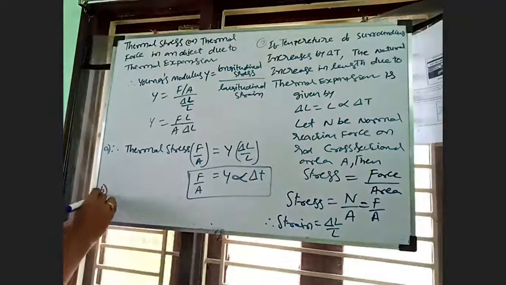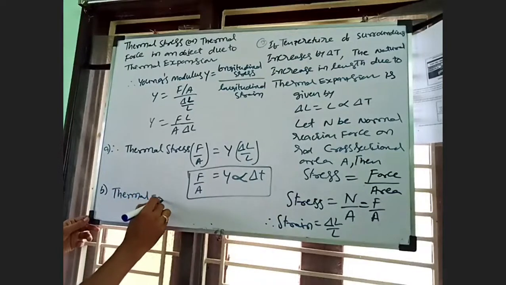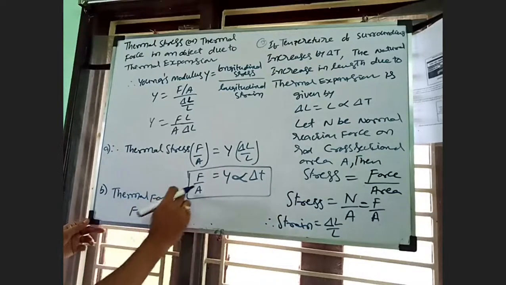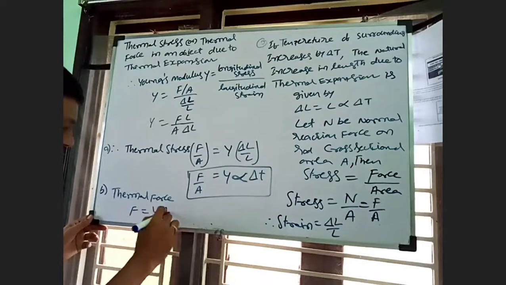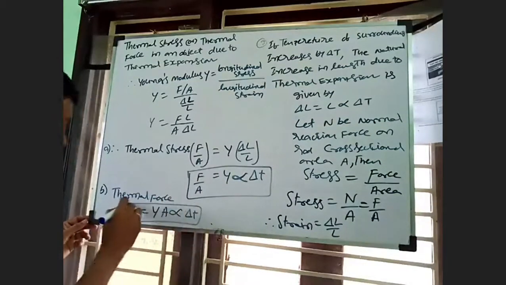Next one is thermal force. F is equal to, cross multiplying, Y A alpha delta T. This is called thermal force.